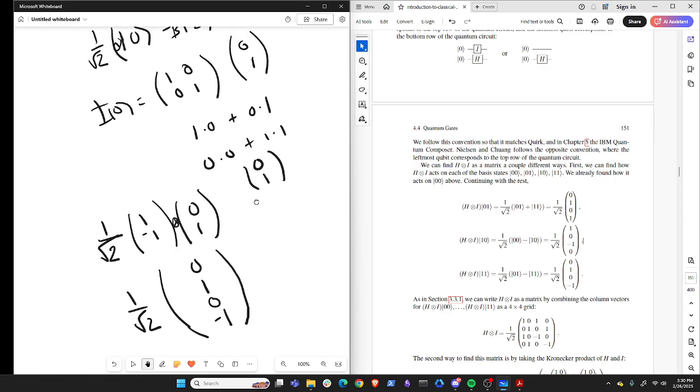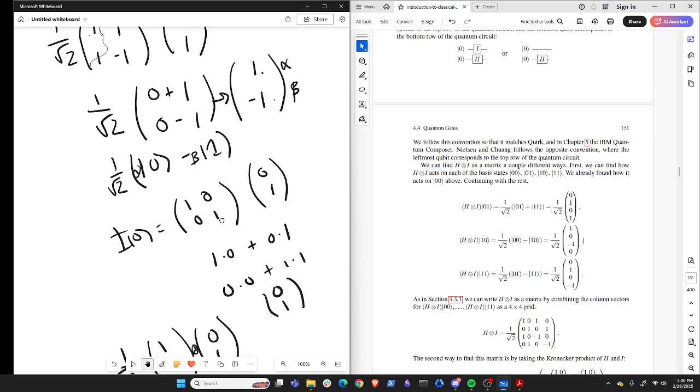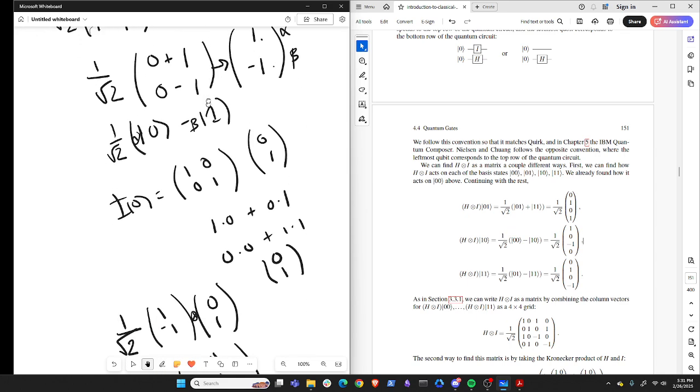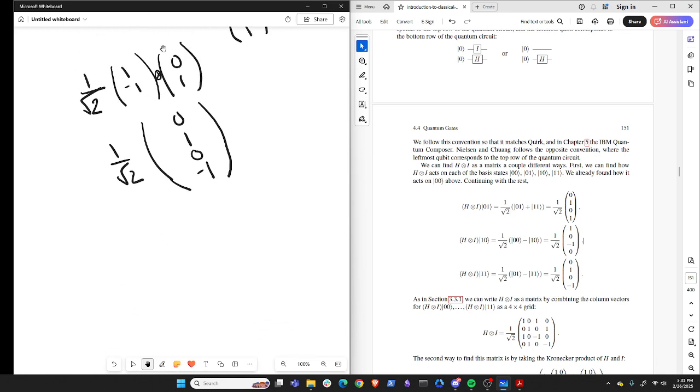Where did I go wrong here? So we put H into, which is 0 minus 1.